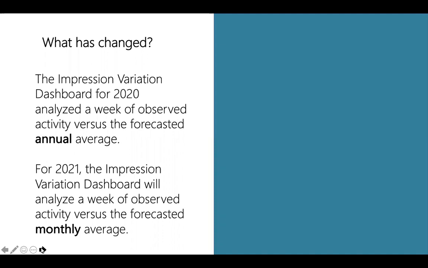For 2021, as we saw in some of the charts earlier, there are seasonal variations that are inherent in the marketplace regardless if COVID existed. And what we are going to be basing that baseline against, or the observed data, is the observed activity versus the forecasted monthly average. So that yellow line in the previous charts.